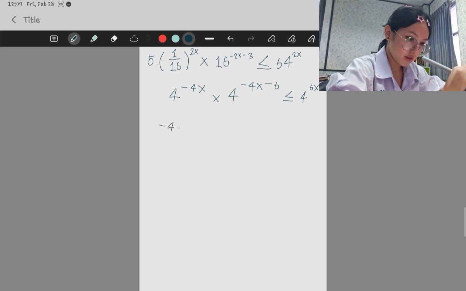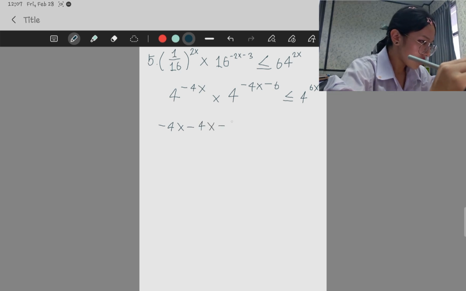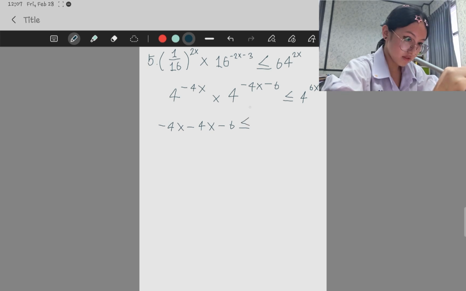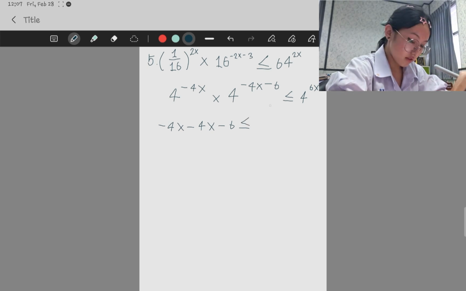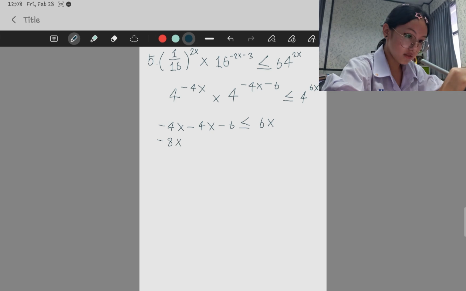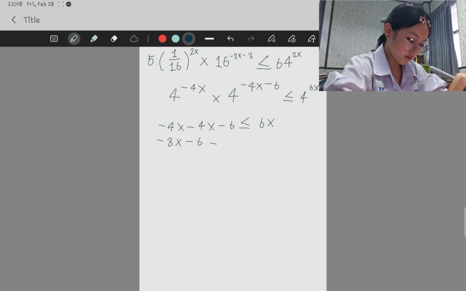Negative 4x, negative 4x minus 6 more, less than or equal to 6x. Then negative 8x minus 6 is less than or equal to 6x.